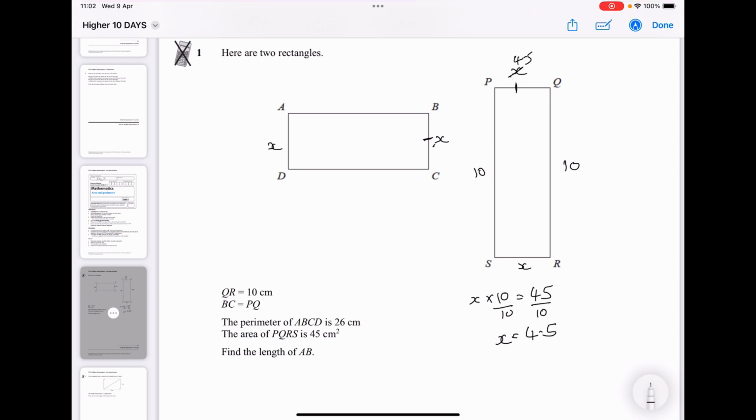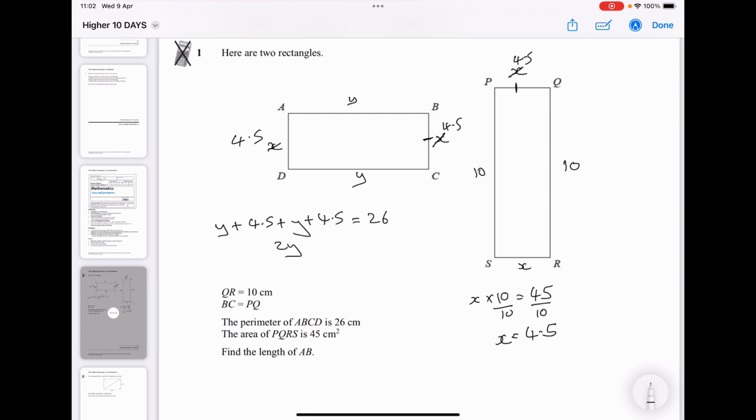So first of all, I can find that one quite easily. And of course that then puts that as 4.5, and that's 4.5. I need to find the length of AB. Well, I've already used X, so I'll probably use Y for this one. It says the perimeter of ABCD is 26 centimetres. So I've got Y plus 4.5 plus Y plus 4.5 equals 26.